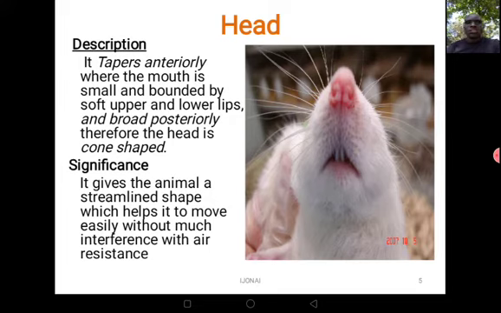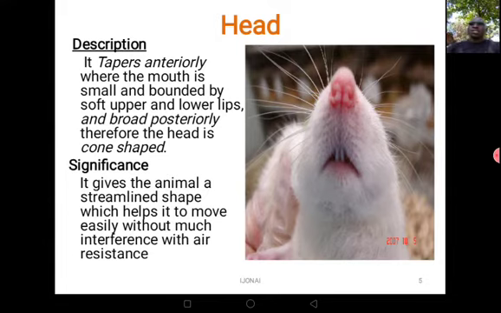Do you think that is of any advantage? We said that every structure that you see in an organism and the shape it adopts has a significance. It has a contribution to the survival of an organism. So that cone shape, that pointed shape of the head of the rat gives the animal a streamlined shape which helps it to move easily without much interference from the air or the environment as it moves.